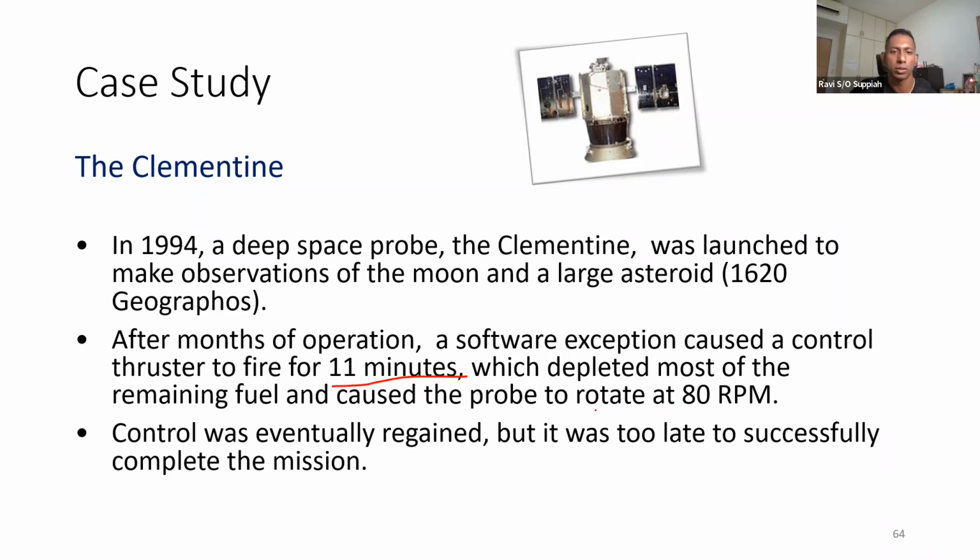Once it started burning up that thruster, it caused the probe to rotate at a very high speed. But by the time they were able to reboot the system and get it back into control, it was too late to successfully complete the mission because too much fuel had been depleted.